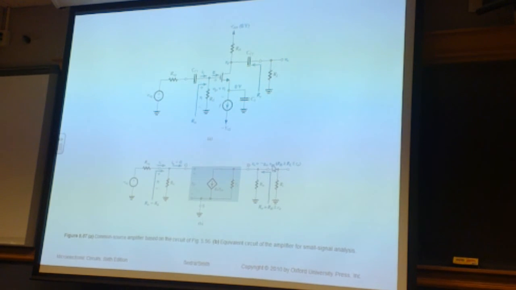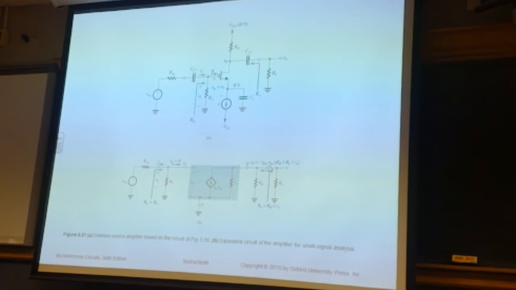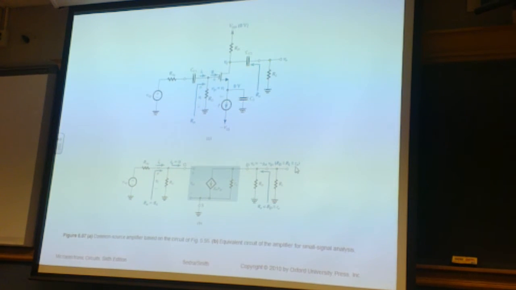Like this, minus GM times RD in parallel with R naught, times RL over RL plus RD in parallel with R naught. And actually this is pretty easy to see.